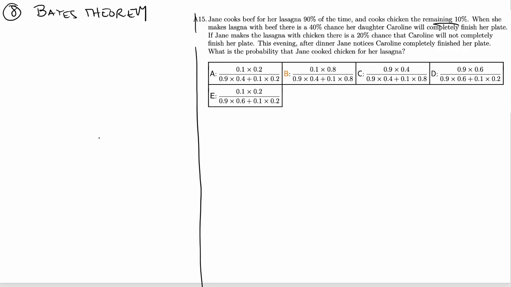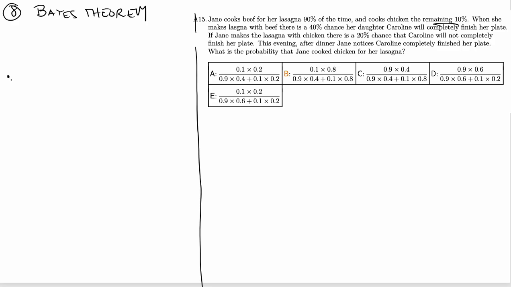It's a formula that flips the conditional probability. That's what Bayes is about. You can obviously memorize the formula, or you can do it on the fly. I'm going to do it on the fly, and I will derive the formula with you guys.